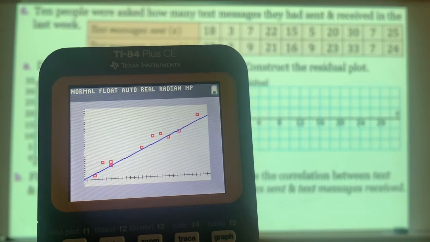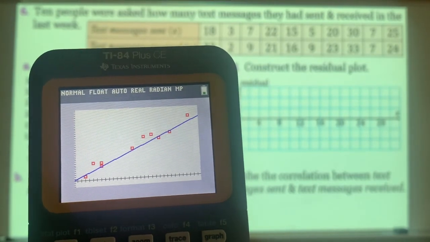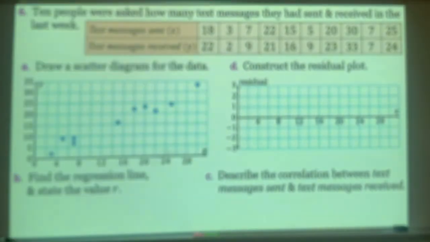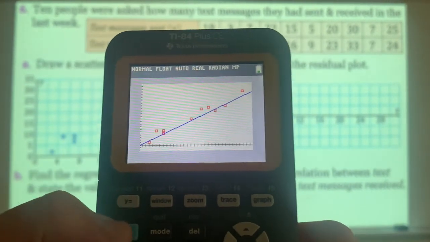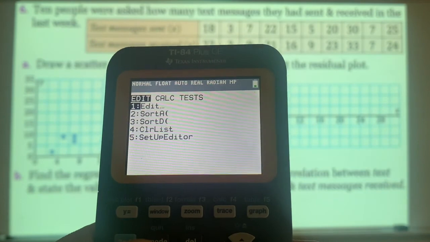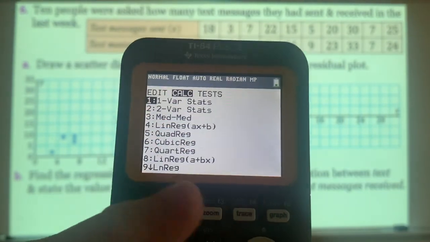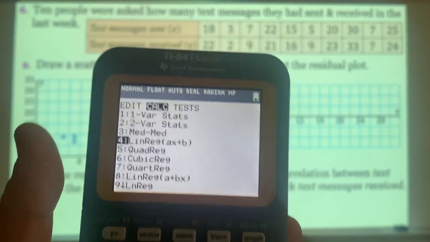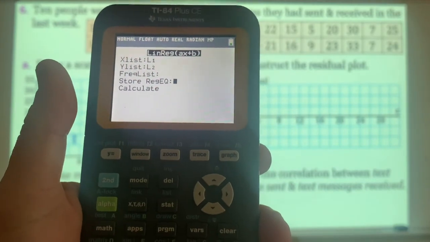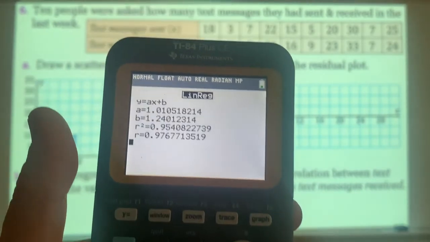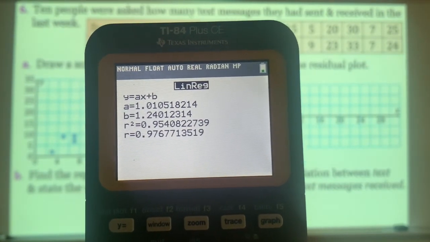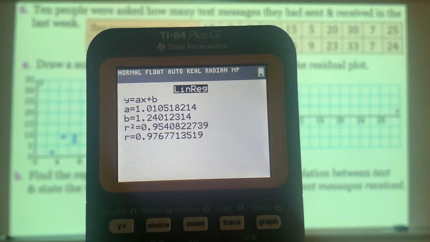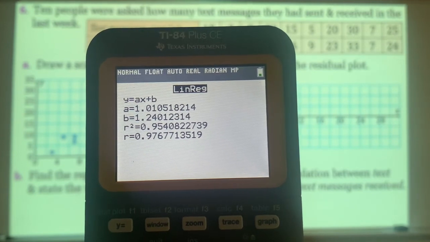I'll be honest, I think we're gonna be good with this one. I hope. Find the regression line. So we're doing this together, remember? We're gonna go to stat, over to calc, down to linreg. We're going to hit enter a bunch of times and hit calculate. Now, when we hit calculate, it's y equals 1.01x plus 1.24.